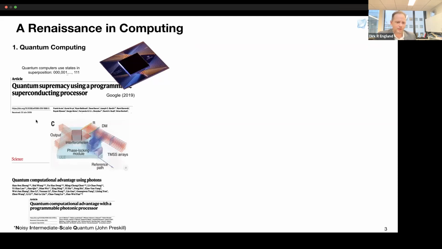Here, for example, is a device developed by the team of Professor Zhenwei Pan in China that also performs a sampling problem, in this case on an array of squeezed optical fields that are measured after coupling with one another through this large multimode interferometer on single photon detectors.